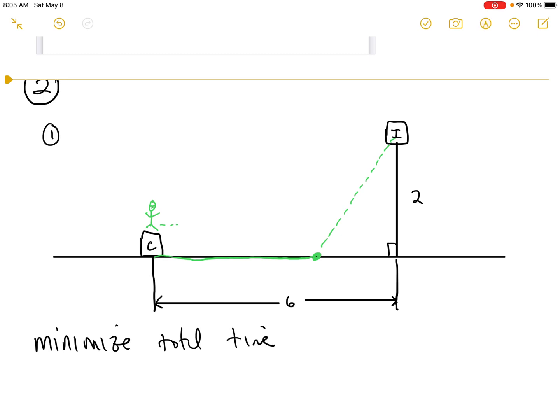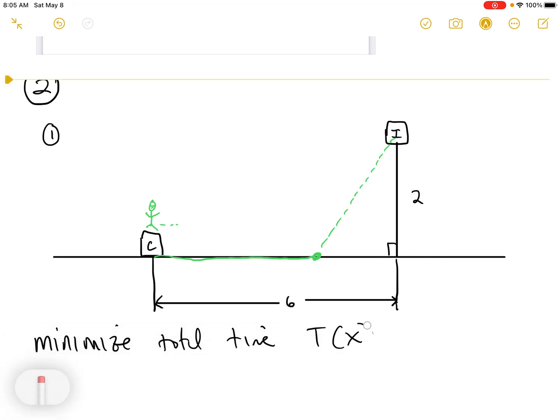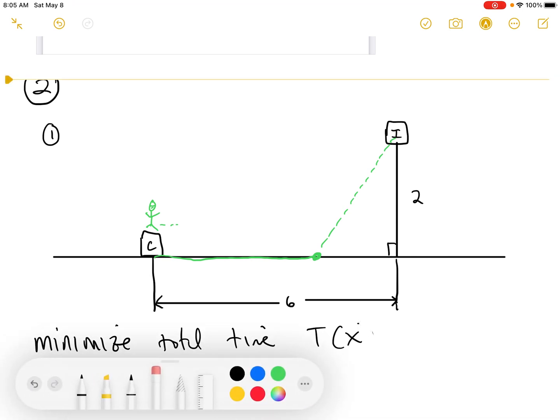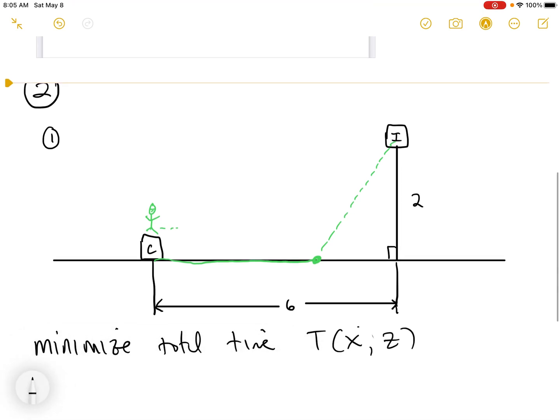Okay, so let's write down our function. It's actually going to be a function, and it always starts off as a function of 2 variables usually, which we'll call, I don't know, x and z. So the distance you swim is z, and the distance you run is going to be x, like that.